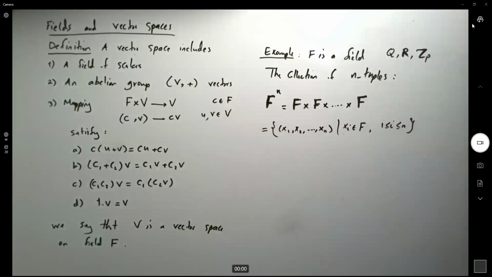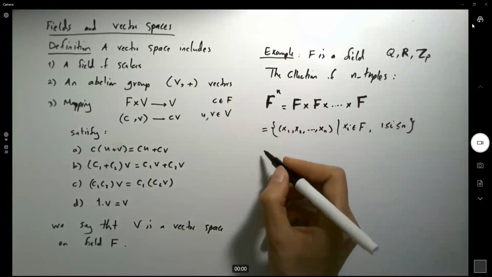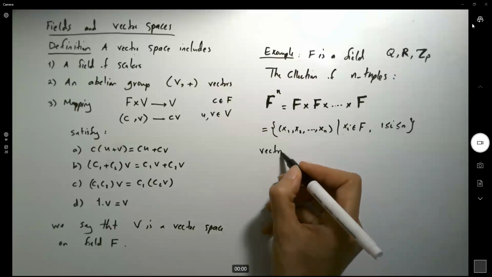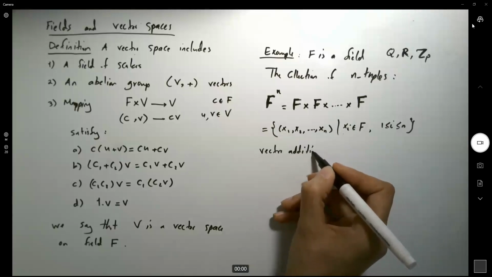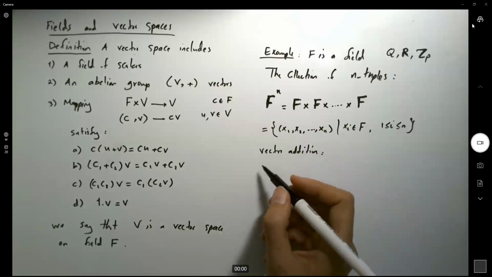We can define the operations of vector addition and scalar multiplication as below. The vector addition is defined as follows.